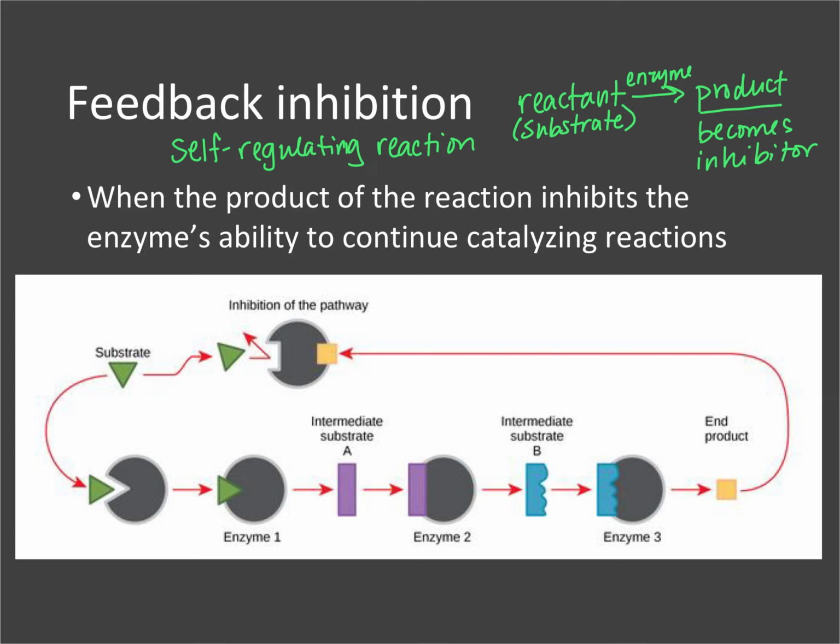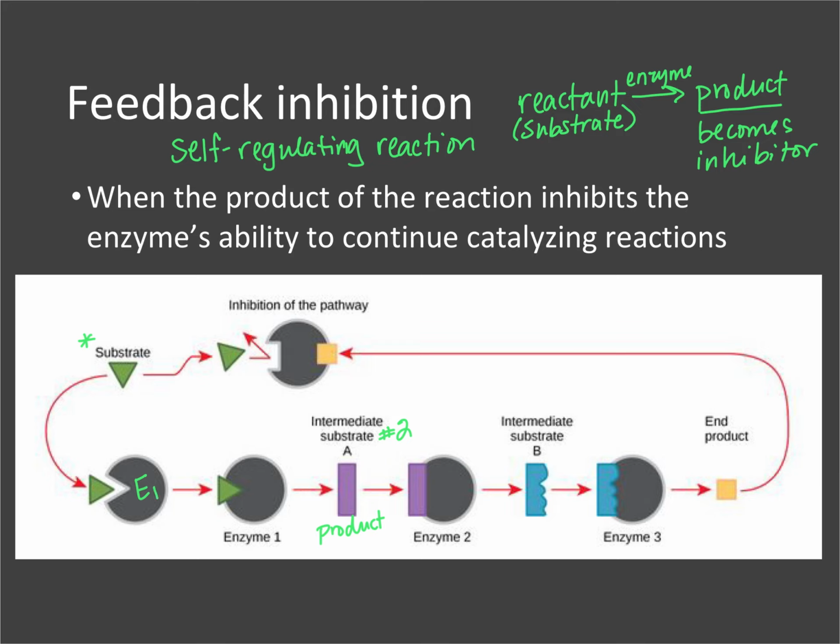So you can see in this picture at the bottom that we have a substrate that binds with an enzyme. And that produces a product, which in this case actually becomes the next substrate. So this is like substrate number 2. And that substrate binds with a second enzyme.